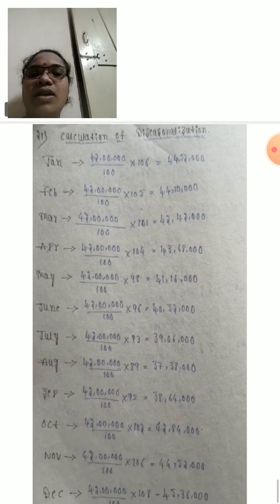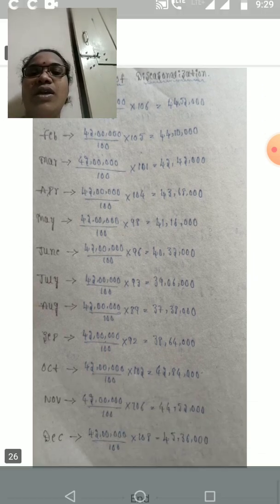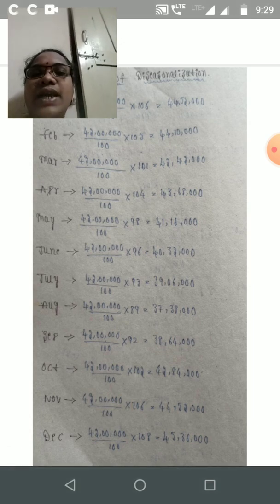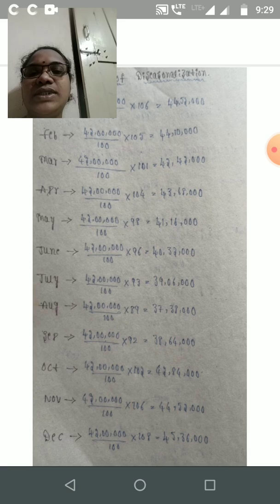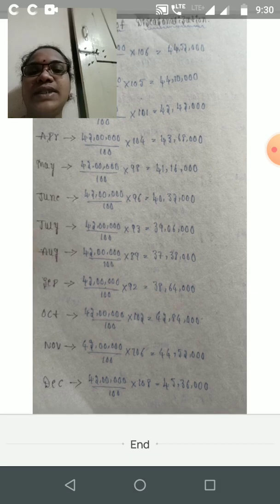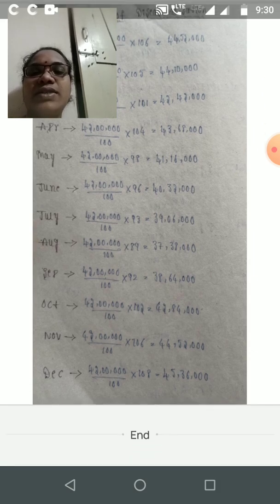For January month 44 lakhs 52,000, February 44 lakhs 10,000, March 42 lakhs 42,000, April 43 lakhs 68,000, May 41 lakhs 16,000, June 40 lakhs 32,000, July 42 lakhs into 100 into 93, 39 lakhs 6,000, August 37 lakhs 38,000, September 38 lakhs 64,000, October 42 lakhs 84,000, November 44 lakhs 52,000, December 45 lakhs 36,000.